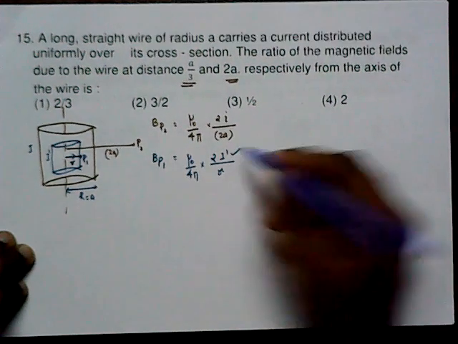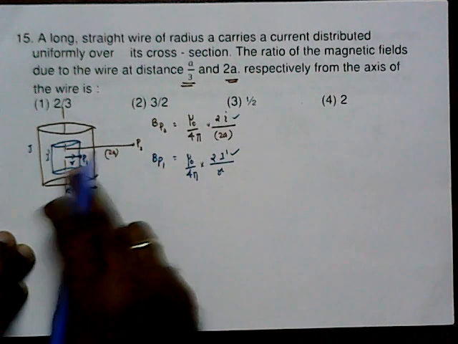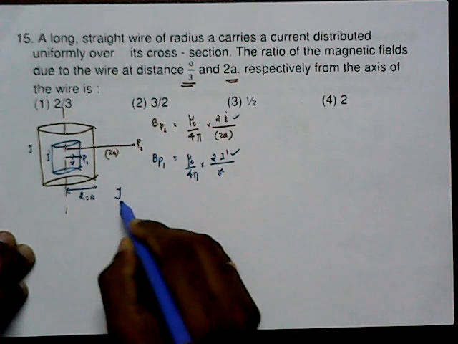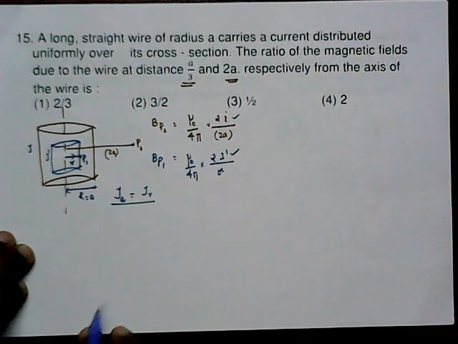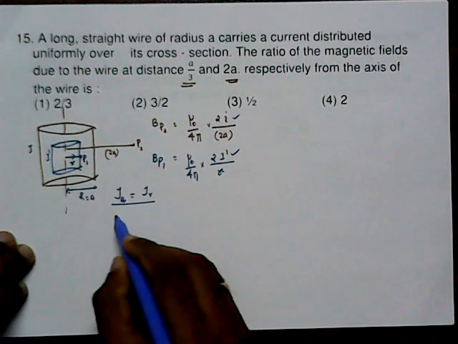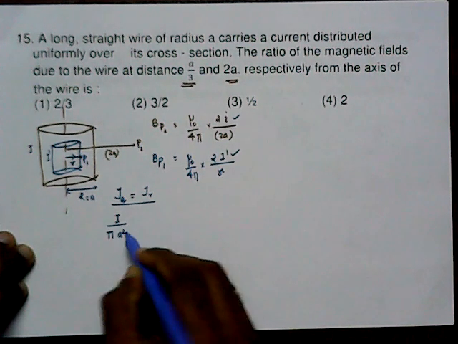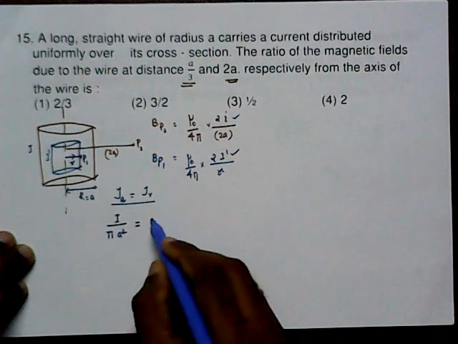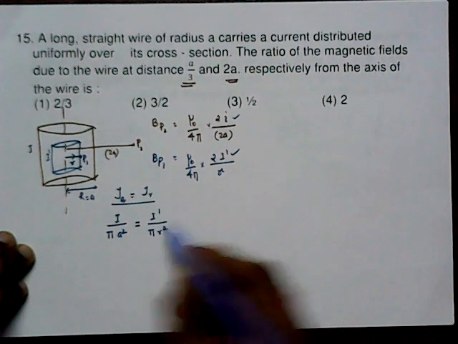But how can we express that I dash in terms of our I? We know the current density should be a constant, that means for the A radius it should equal that for the R radius. So the current flowing through A, I divided by the cross-sectional area pi A square, should equal that for the small cylinder, I dash divided by pi R square.